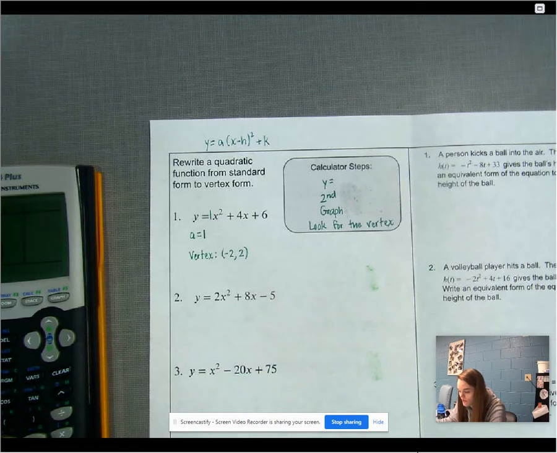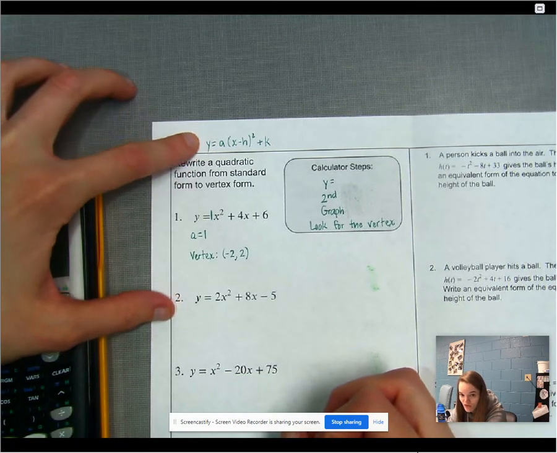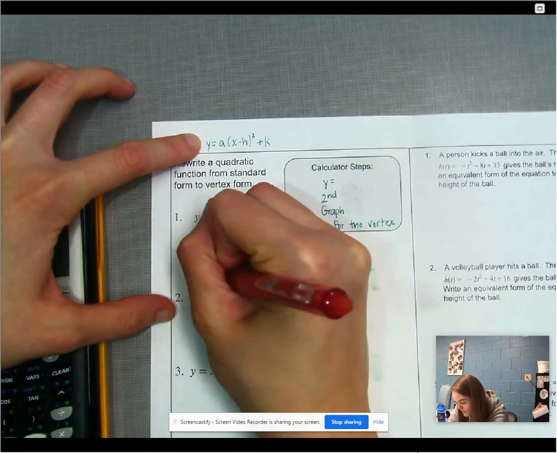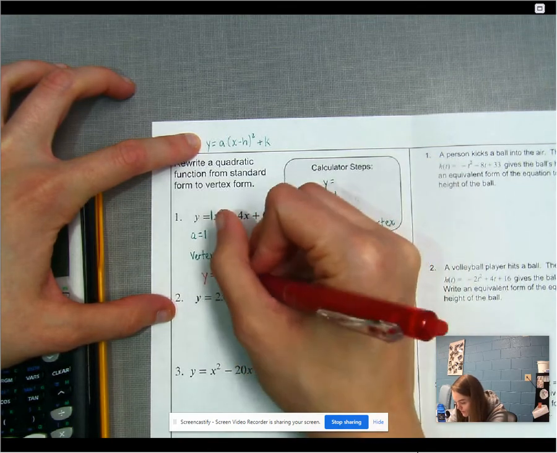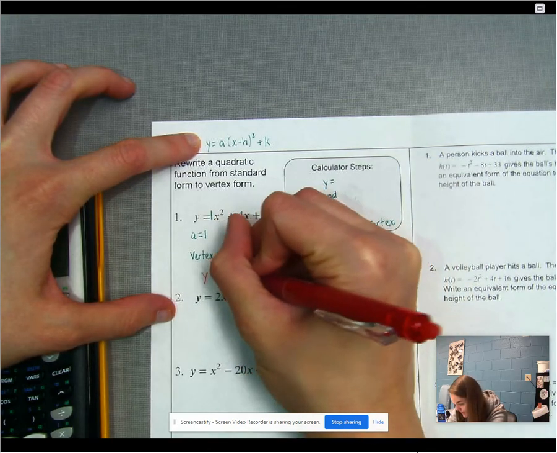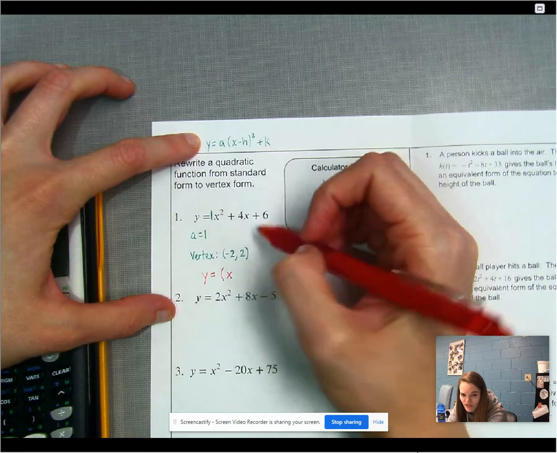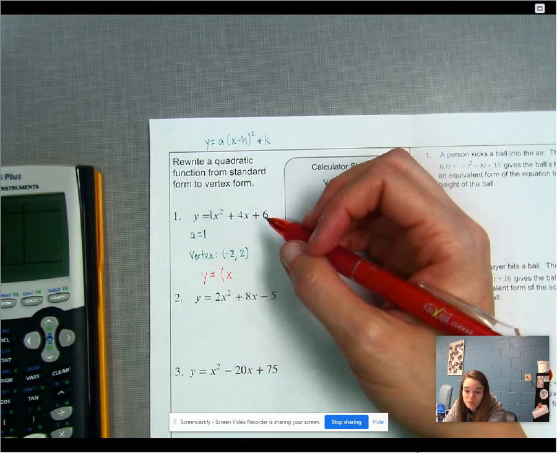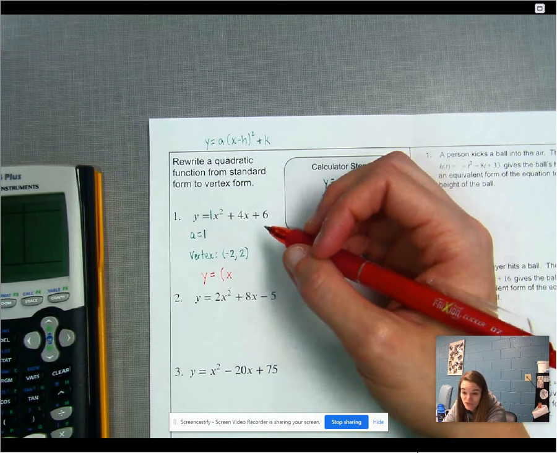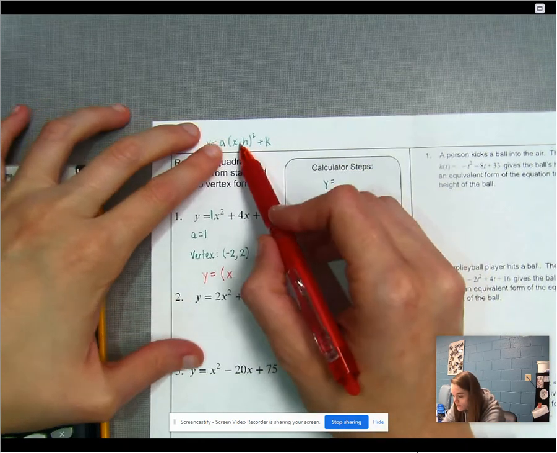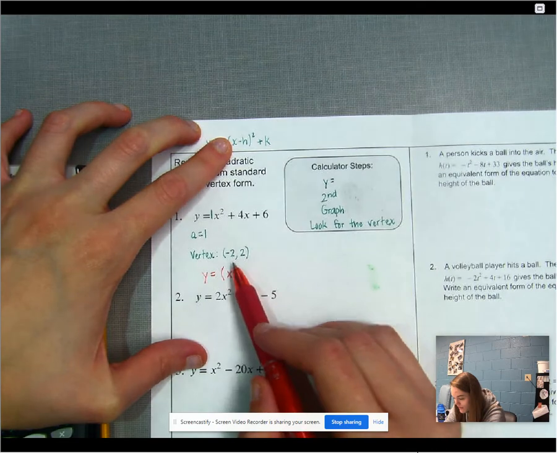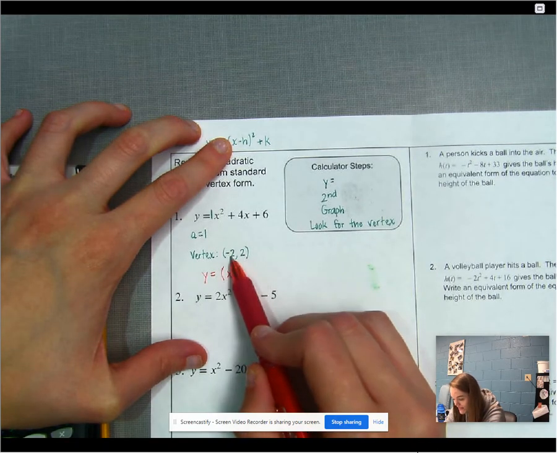So for my answer now, I'm going to just plug this stuff in. Y equals. I do not have to write the 1. Parentheses, x. This says minus h. Remember how we would change it when we pulled it out? When we put it in, we're going to change it as well. Here's why we're actually changing it though. Since this says x minus, we would have had x minus negative 2.